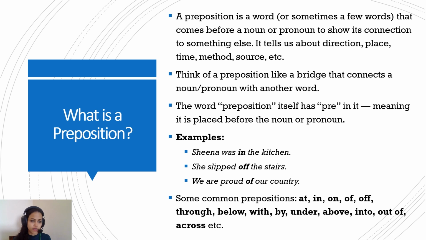And the word itself is telling preposition. So usually it is placed before and it gives you the position in terms of direction, place. It could also give you time, method, source, all those things. Okay. As we proceed further into our lecture, we'll understand what prepositions are in a much more detailed manner.